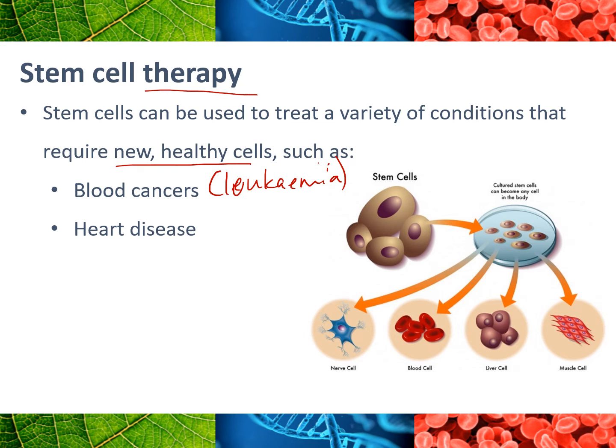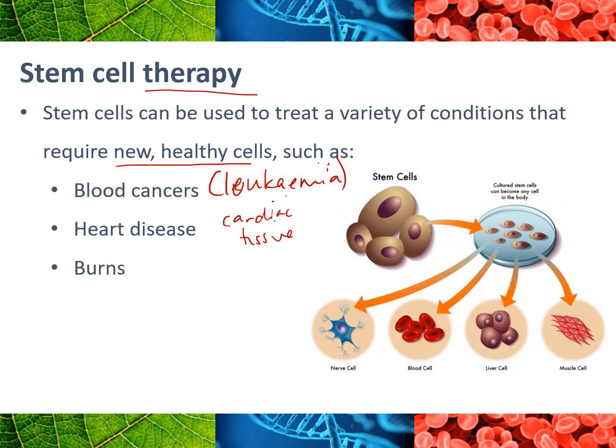They can be really useful in treating things like heart disease. If someone has a heart attack and some of their heart tissue has kind of wasted away, stem cells can be used to regenerate that.